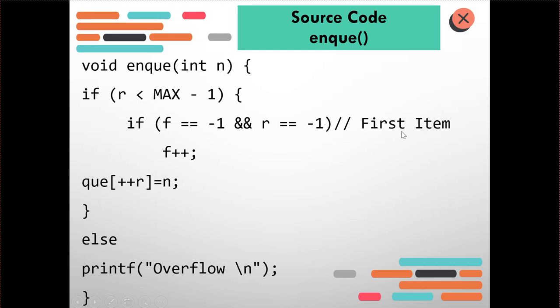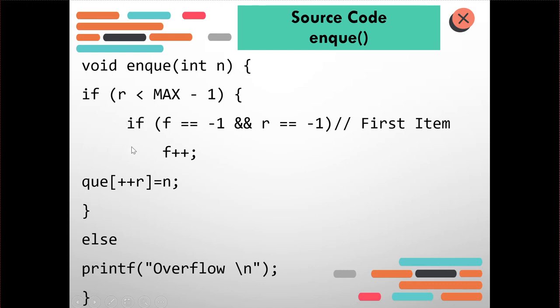It's the first item that is coming to this function in the form of n. In that case, we will be updating the front pointer. You must remember that this if would be true only for the first item. For remaining subsequent items, this would never get executed. That is why f would not be updated any longer for values 2, 3, 4, and so on.